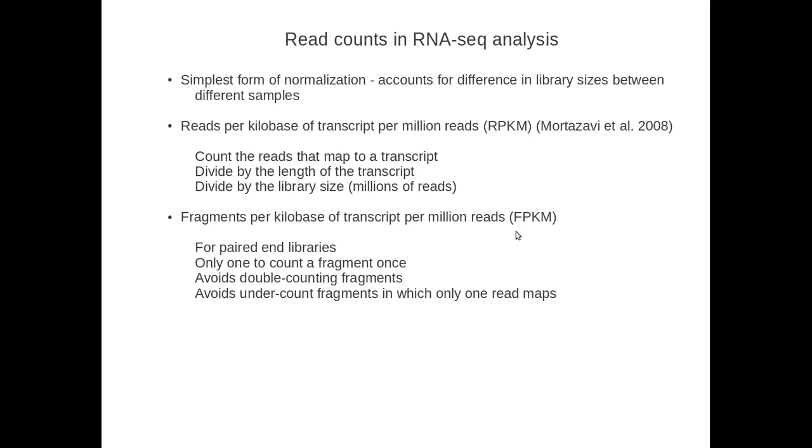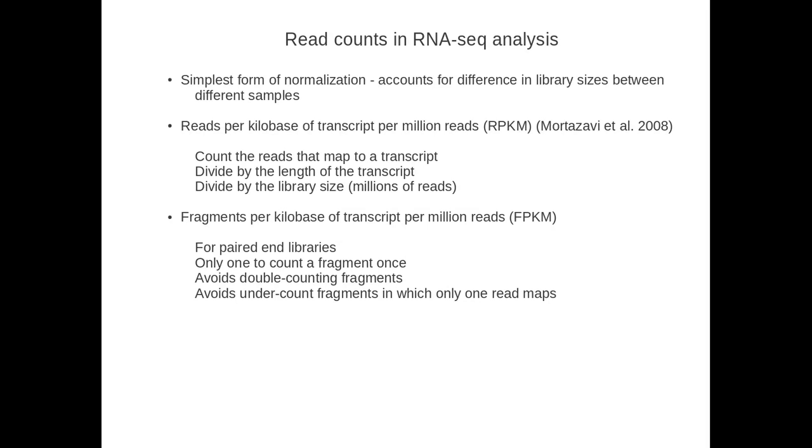You'll also see reference to the FPKM, which is fragments per kilobase per million reads, and this is essentially the same concept. It's just that this is really meant for a paired end context. For paired end libraries, we don't want to double count a particular fragment, or a particular cluster on a flow cell that produced a pair of reads that represent the same mRNA molecule.